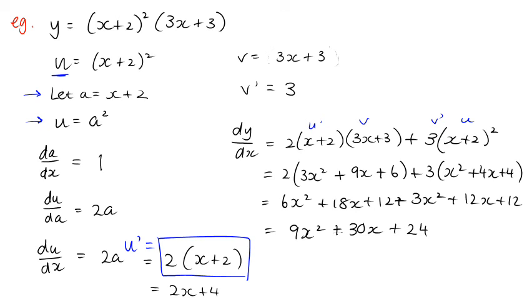That's the final answer: 9x squared plus 30x plus 24. So that is the derivative of that one there.